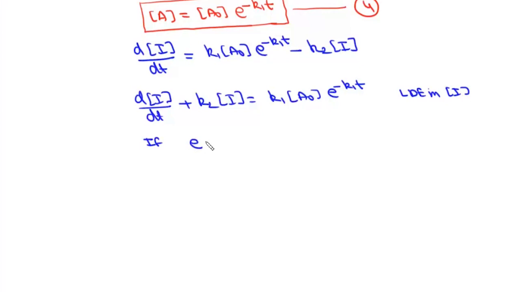Now first we'll calculate its integrating factor. Its integrating factor will be e to the power integration of K2 dt, so it will be e to the power K2t. Now we'll start writing its solution.